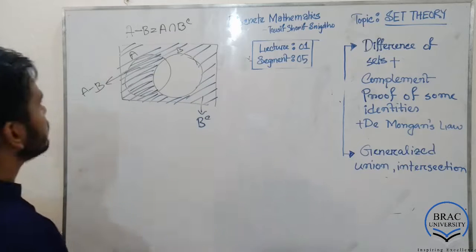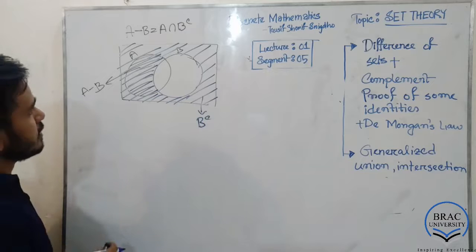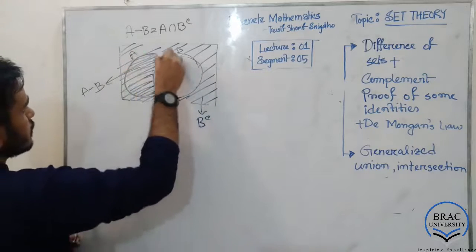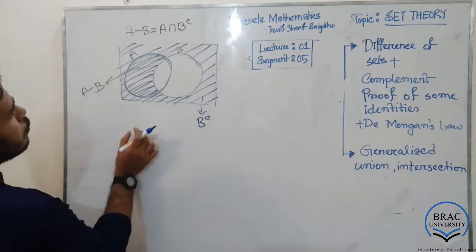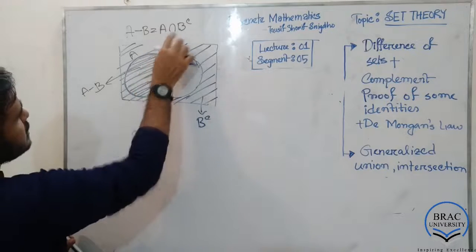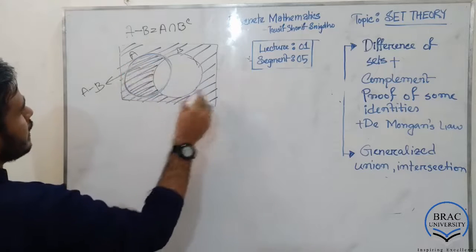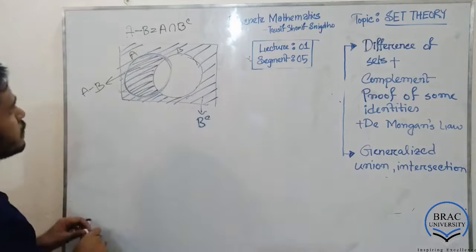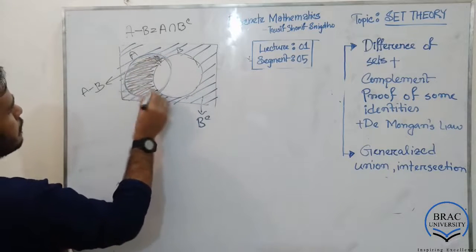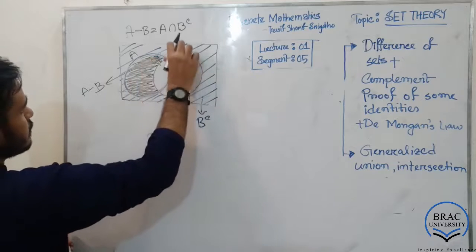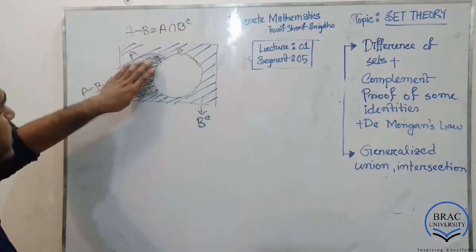Okay. So now, which region is representing set A? This region, right? This circle represents set A. And when we have to figure out A intersection B prime, we will see that between set A and B prime, the common region is this black shaded region, right? The common region between B prime and A is this.